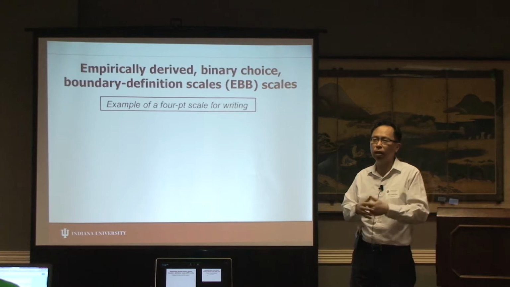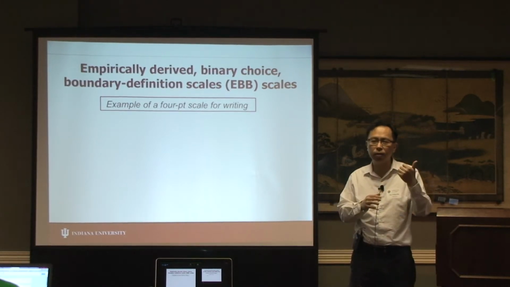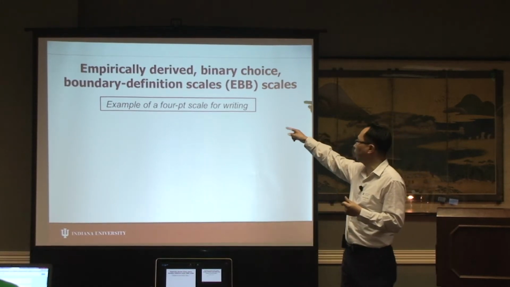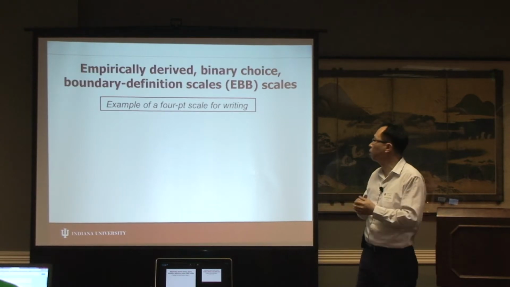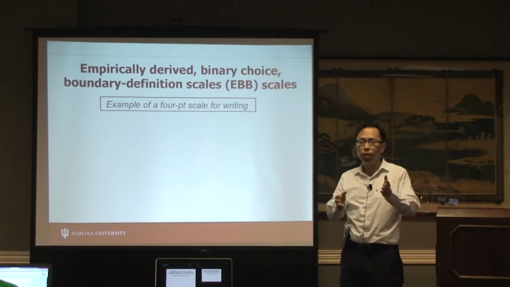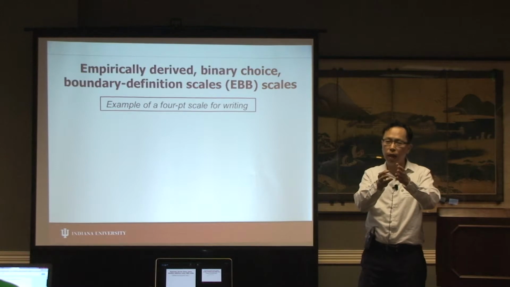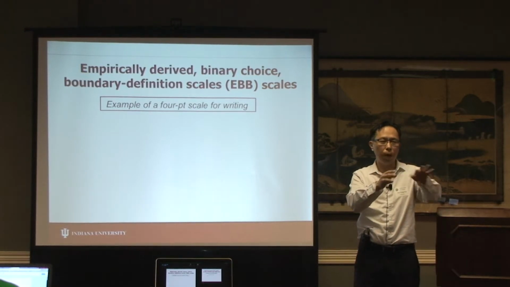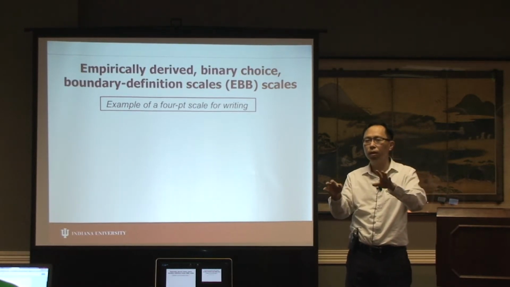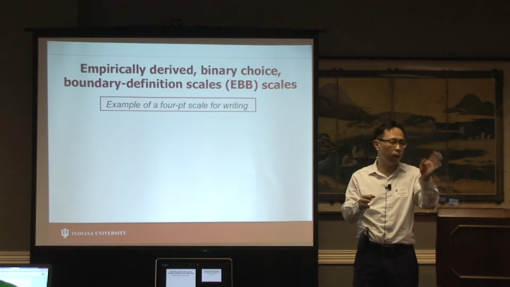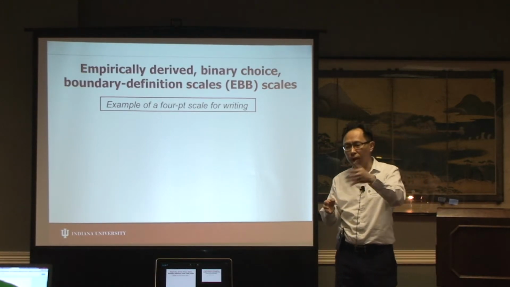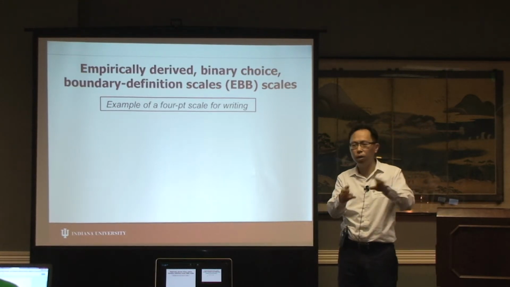You come up with one sentence, and that's the boundary definition. And then among the good ones, you could subdivide into better or worse, and come up with one sentence for the distinction between better and worse.